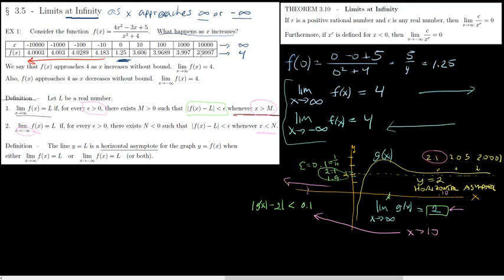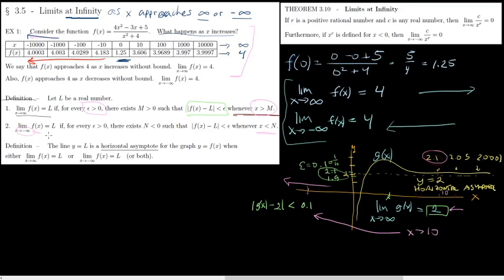For our purposes, I'm more interested if you understand that using the table here to calculate values of x when x is getting very big, going to infinity, or when x is very big in the negative sense, going to negative infinity, right? So there are two different limits, one going to positive infinity, one going to negative infinity. And the fact that they're both equal to 4 in the first example is a coincidence. They don't have to be equal in some cases.